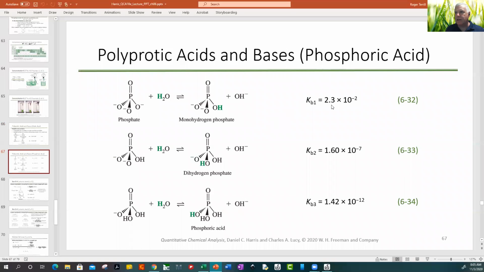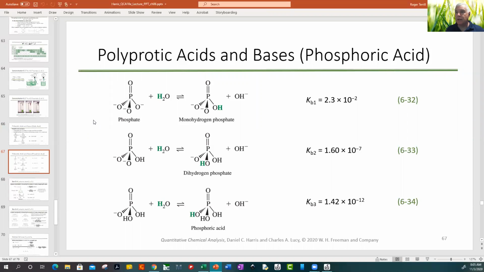There's phosphate. The phosphate ion here is actually acting as a base. So phosphate plus water makes monohydrogen phosphate plus hydroxide. This is Kb1, because it's acting as a base, making OH minus.